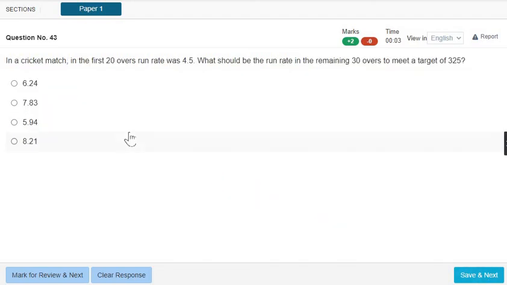In a cricket match, in the first 20 overs the run rate was 4.5. What should be the run rate in the remaining 30 overs to meet the target of 325? It's 7.83.